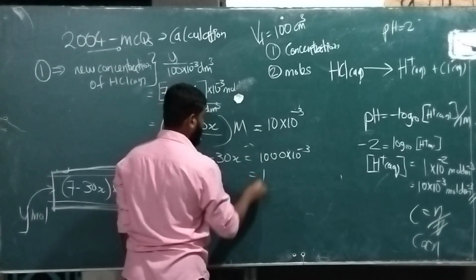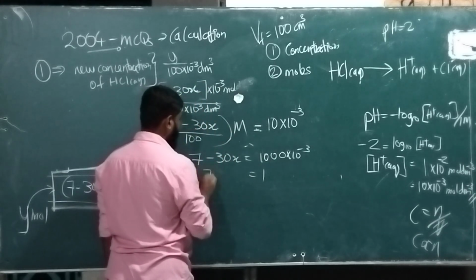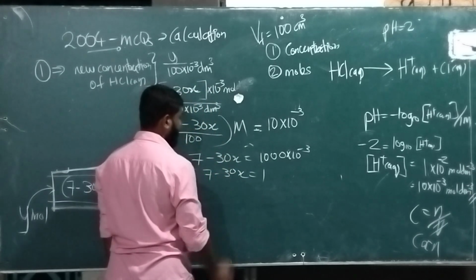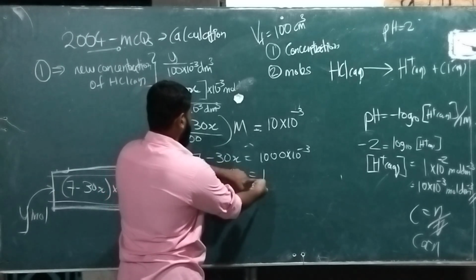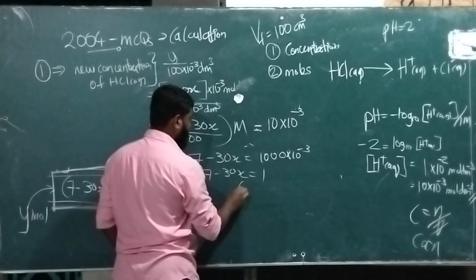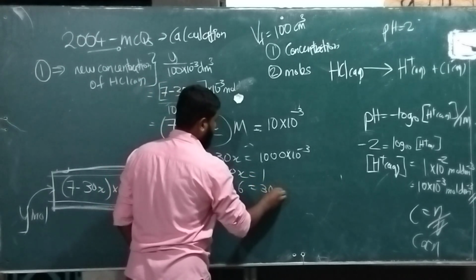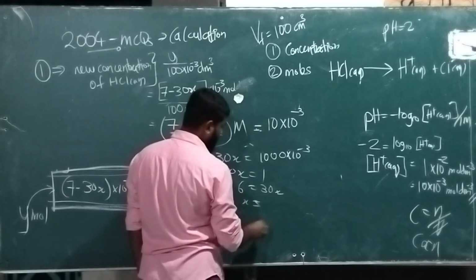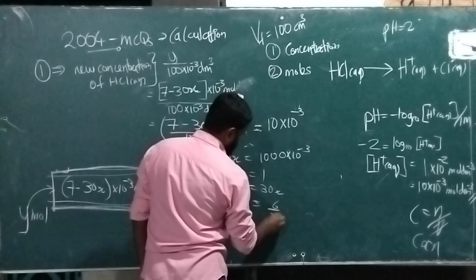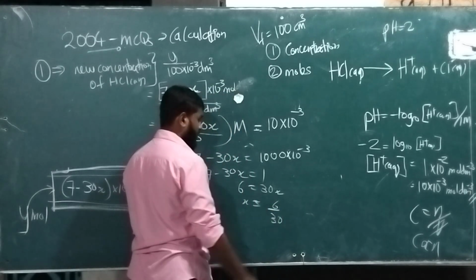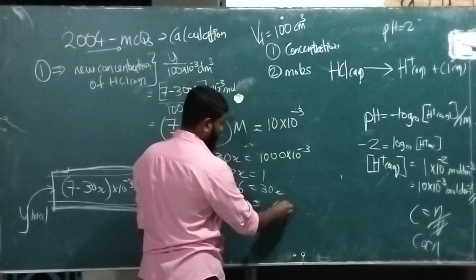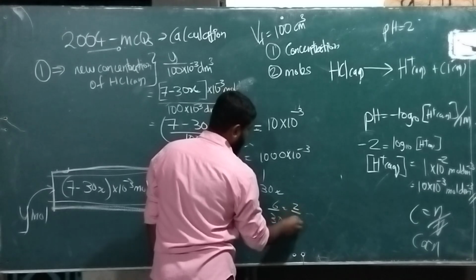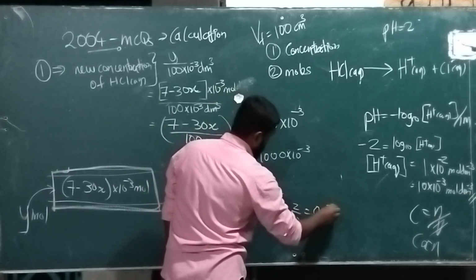So we get 1 is equal to 7 minus 30x. Moving across, you get 6 is equal to 30x. So x is equal to 6 divided by 30, which is 2 over 10, equal to 0.2 M.